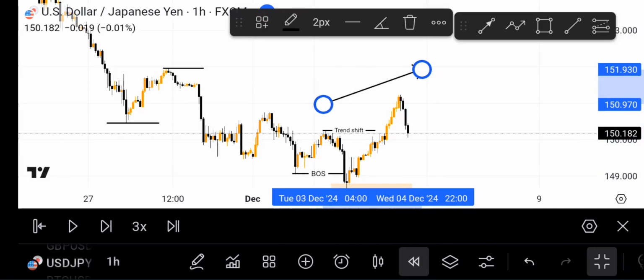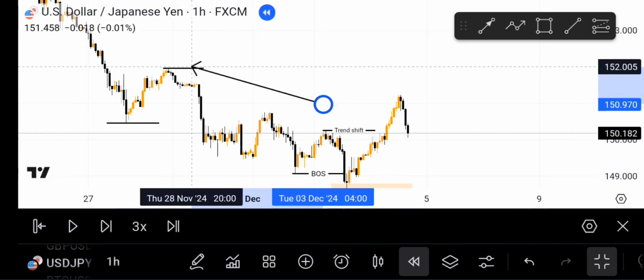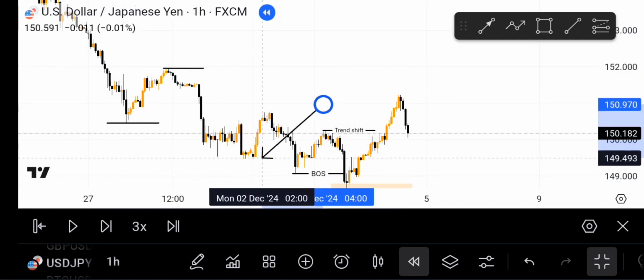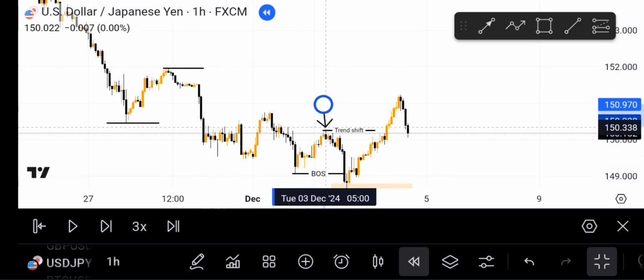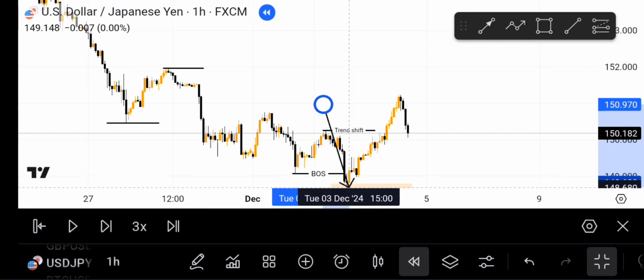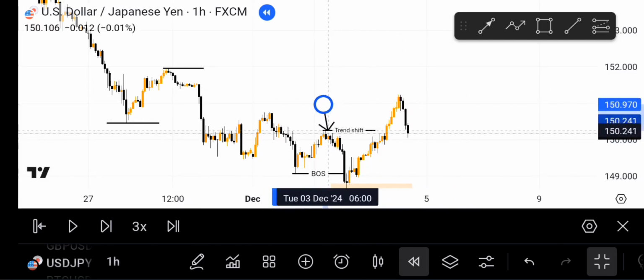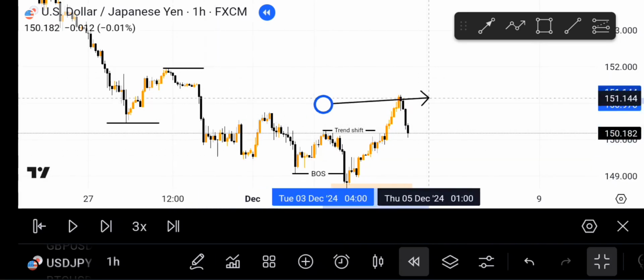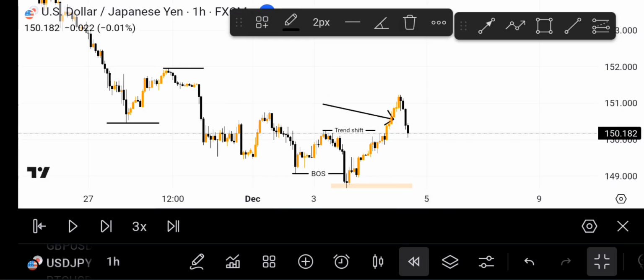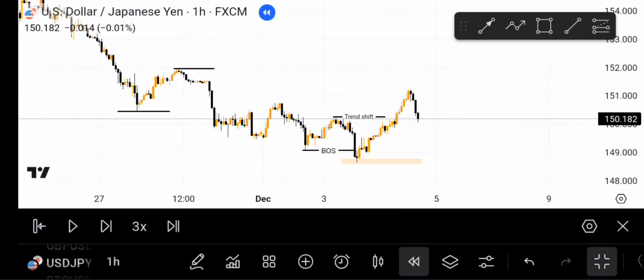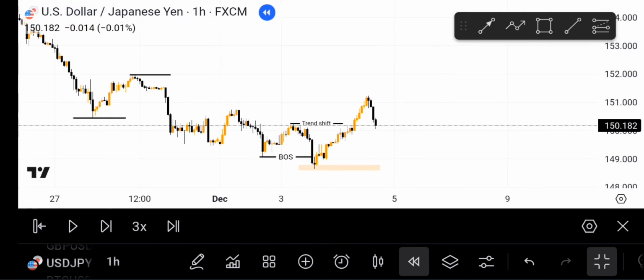And it is as simple as that, because this was our highest point and our lowest, our range got broken, and now our range is getting shifted all the way from bearish to bullish. So that's how easy this usually becomes when you know how to properly mark your market structure and everything.